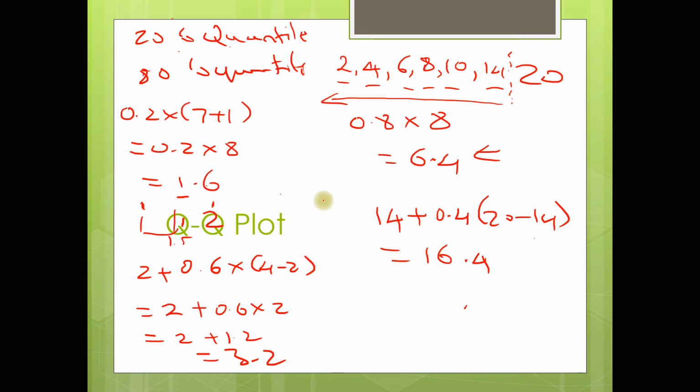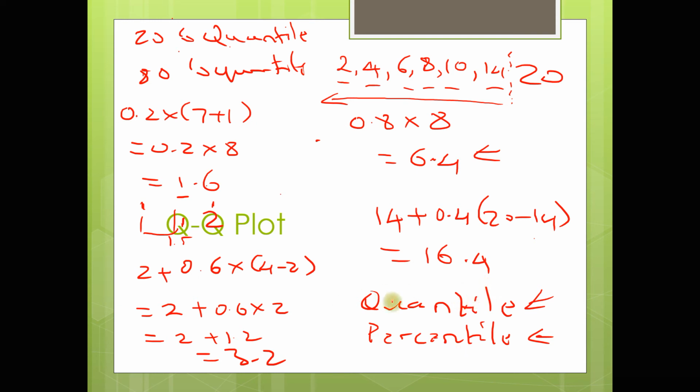By the way, we also refer to these quantiles as percentiles. For example, when we are talking about the 80% quantile, we also refer to the 80th percentile. If we are talking about the percentile, it means you are referring to the same thing in terms of 100%, but it's the same principle, same idea.